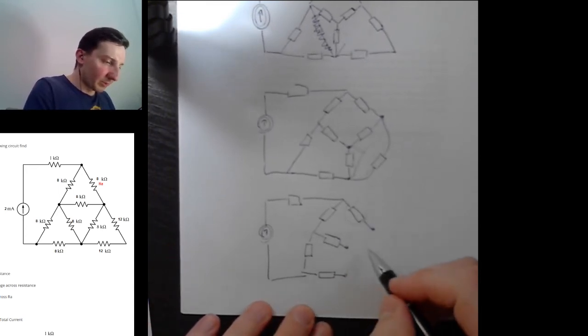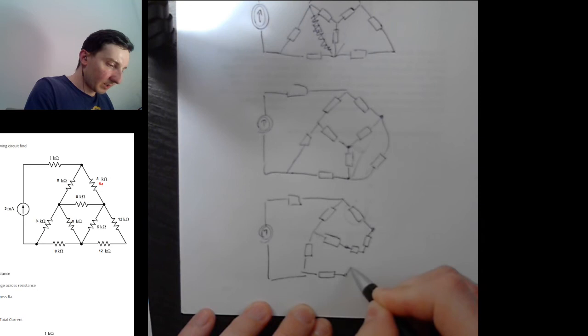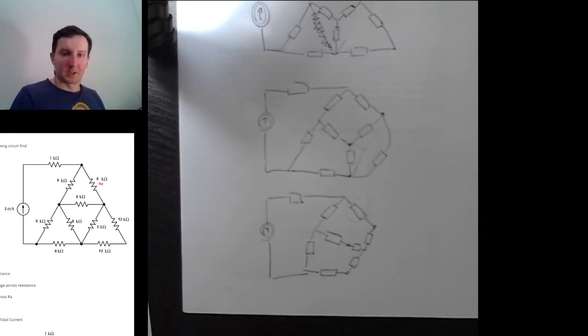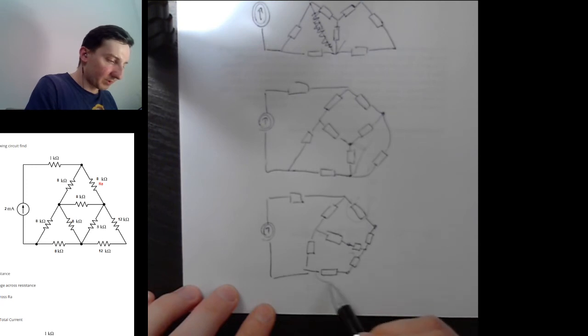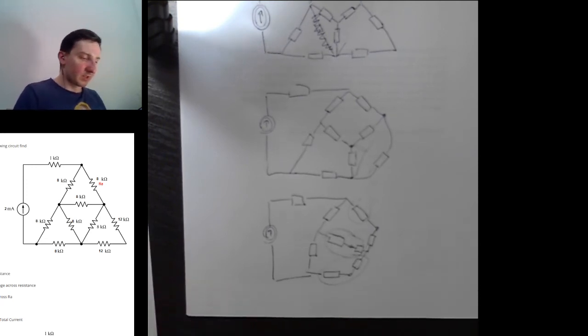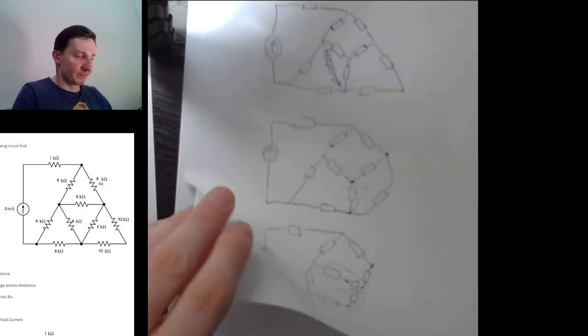So we will have a resistor right here, right there, and one right here. And what you can see is we have these two in series, these two in series. So let's simplify that again.